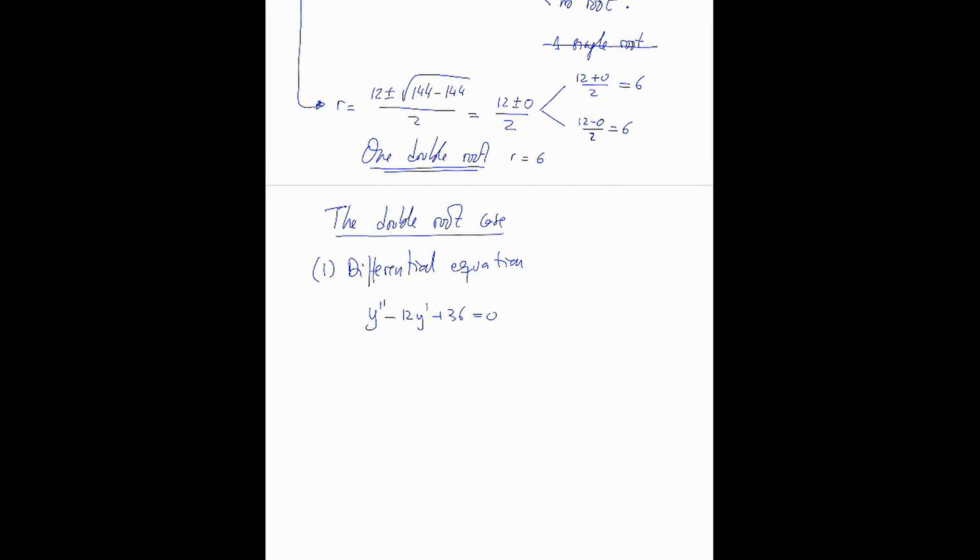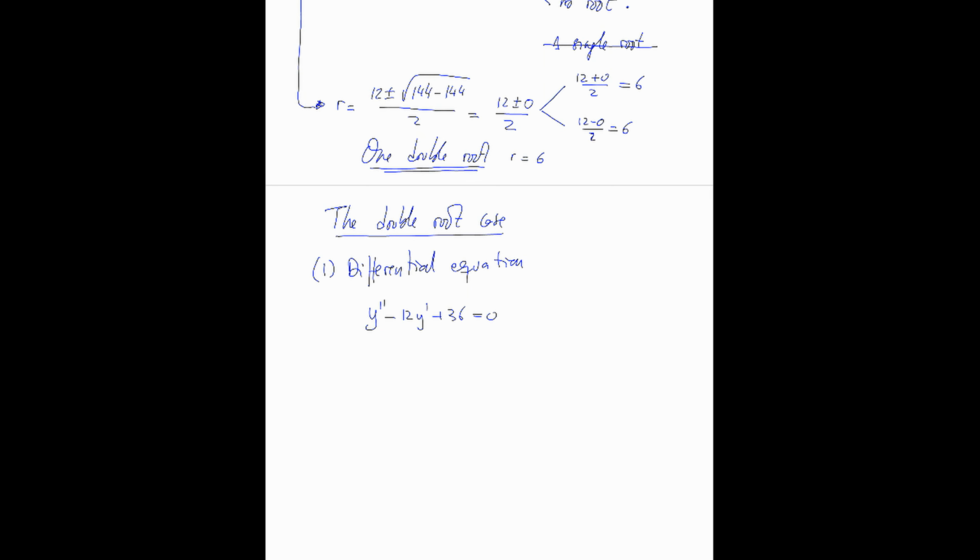So we have 12 plus 0 divided by 2, which is 6, and 12 minus 0 divided by 2, which is also 6. So we have one double root, r equals 6. So we have the three cases: two different roots here, one double root here, and no solution here.